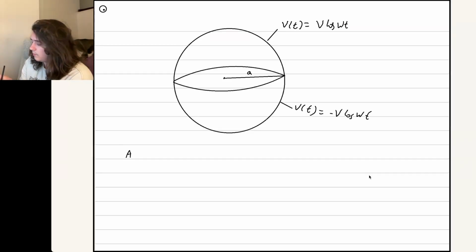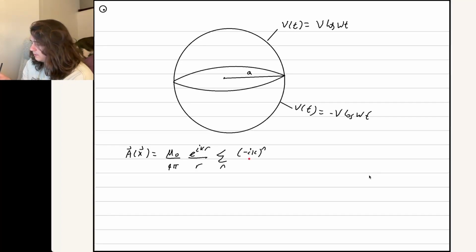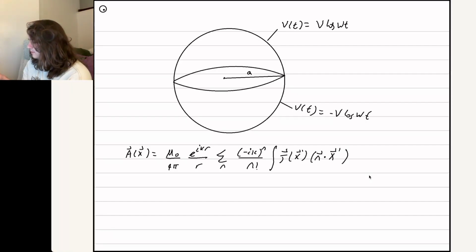The equation that Jackson gives in his book for the vector potential is this: mu naught e to the i k r over r, sum over n of minus i k to the n over n factorial, integral of j as a function of the position of the source, times n dot x prime to the n, d3x prime.